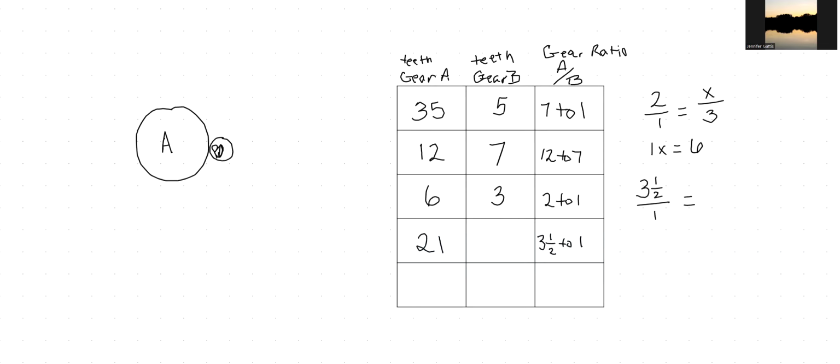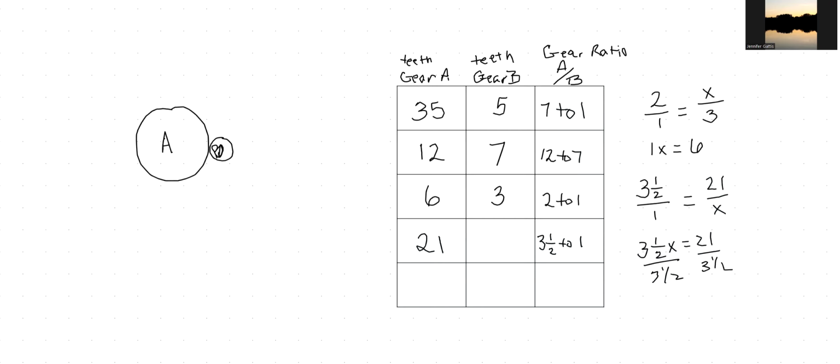And then we can cross multiply. So 3.5x is equal to 21. We can divide both sides by 3.5. And when we do that, we figure out that the number of teeth on gear B is going to be 6.